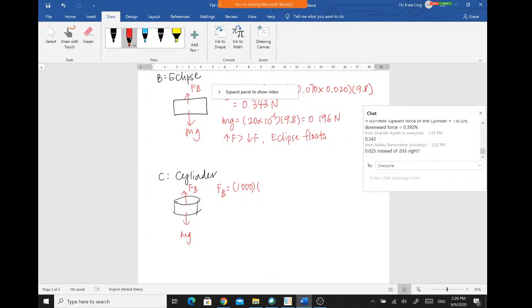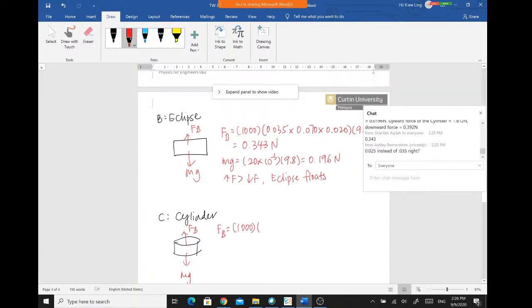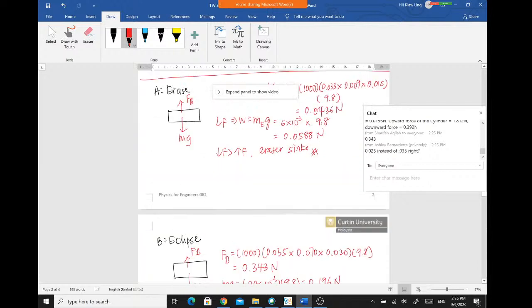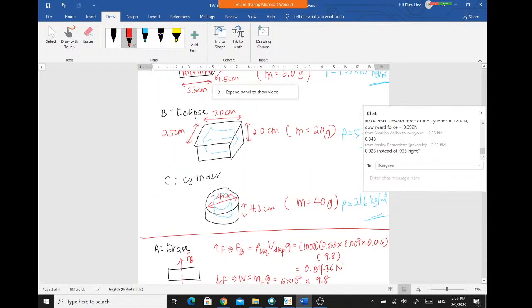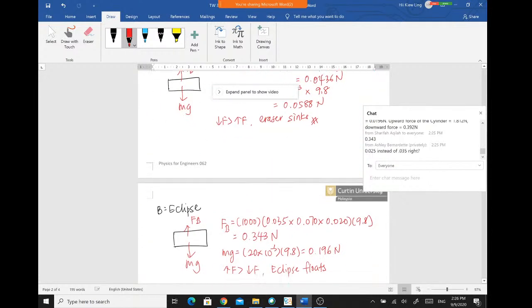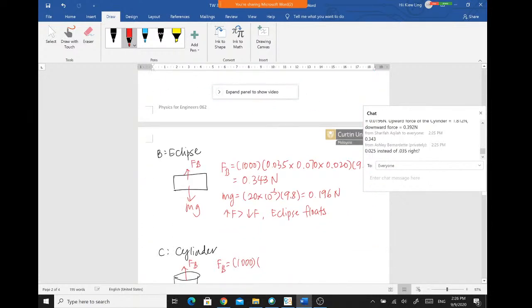Which one is 0.025? Oh, you mean... Wait, what did I mention? Oh, it's 2.5. Okay, 2.5. Sorry. Okay, it's 0.025.